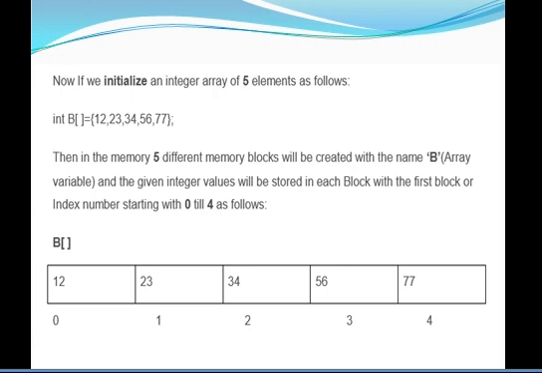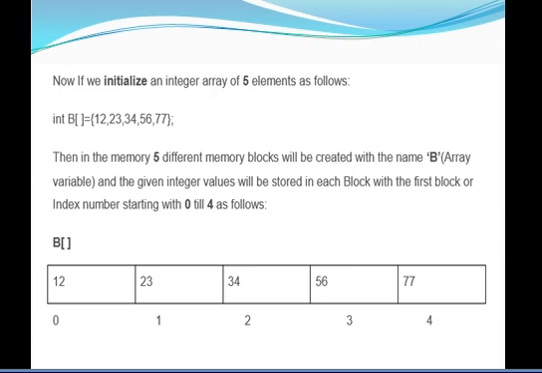Let's see how it happens in the memory of the computer. If we initialize an integer array of 5 elements, let's say, like I have taken an example of integer data type, we have an array B and the values are initialized to it. Then in the memory, there will be 5 different memory blocks which will be in continuation, and each block will be represented by the index number.